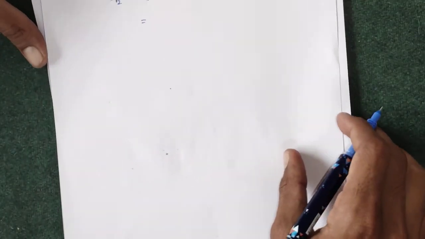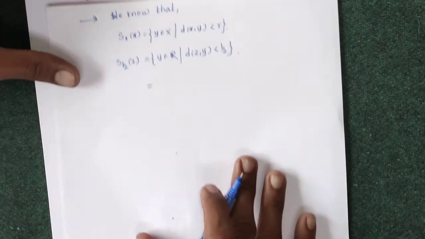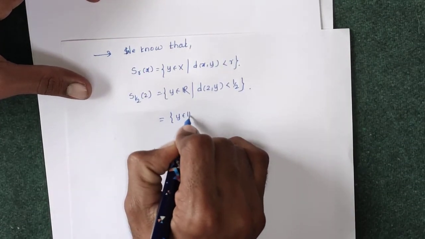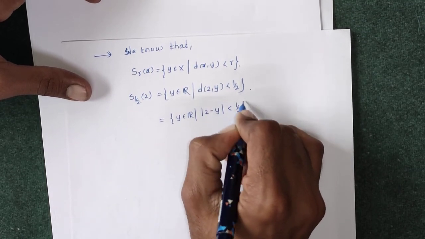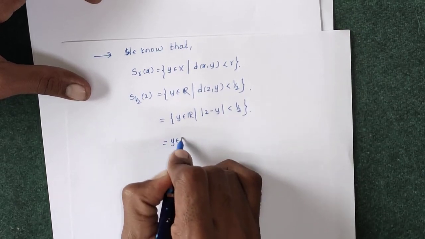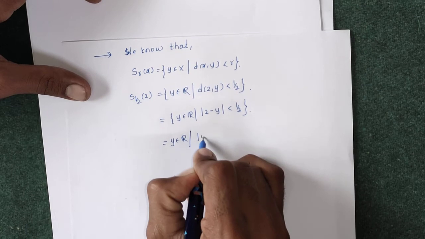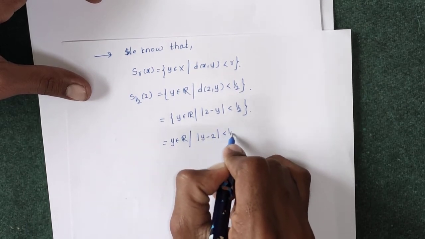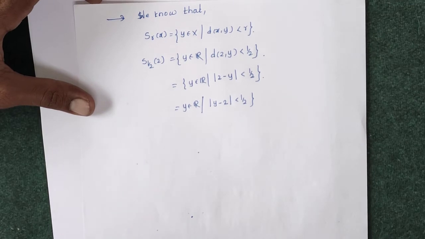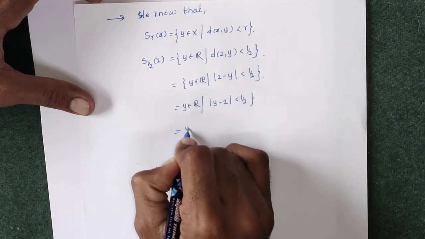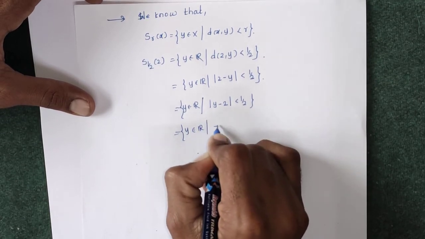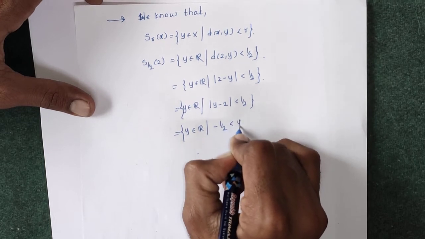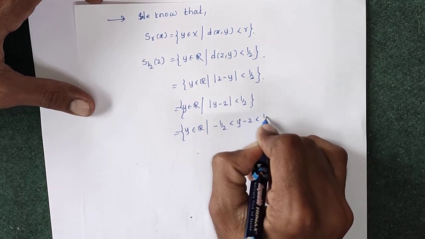So using that definition we can write: y belongs to R such that the distance of 2 and y, which is mod 2 minus y, is strictly less than 1 by 2, or we can rearrange this as mod y minus 2 is less than 1 by 2. So using the property of modulus on the real line, minus 1 by 2 is less than y minus 2 is less than 1 by 2.